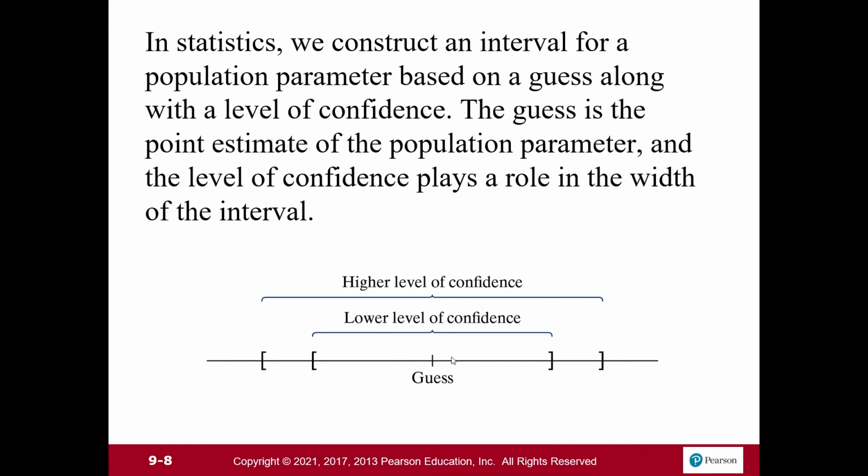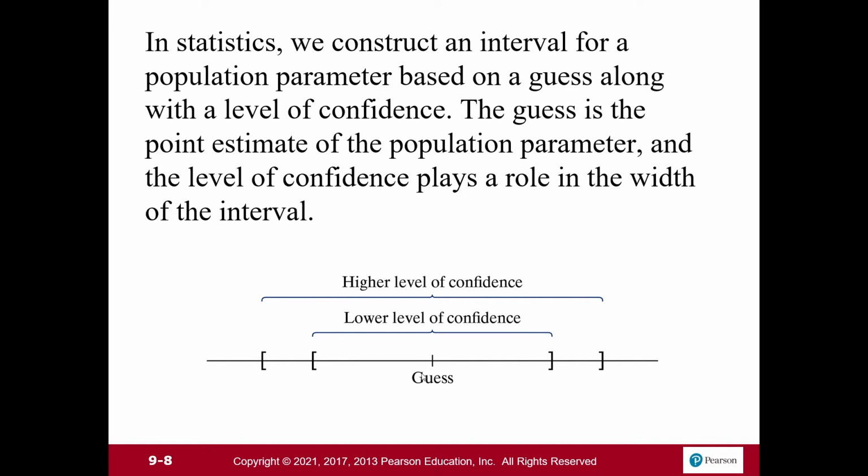So we're going to build our confidence interval around the point estimate. So the point estimate will be in the middle of the confidence interval, and then we will basically create a margin of error plus or minus the point estimate.